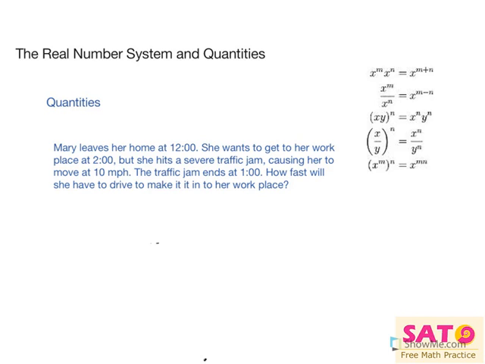So let's visualize this, and the best way to do that is with a little graph here. So we know she starts her car. Let's say we draw her little car, more like a box, and that's Mary. And she has to get to her workplace at 2 o'clock. And the traffic jam hits her right as soon as she leaves.